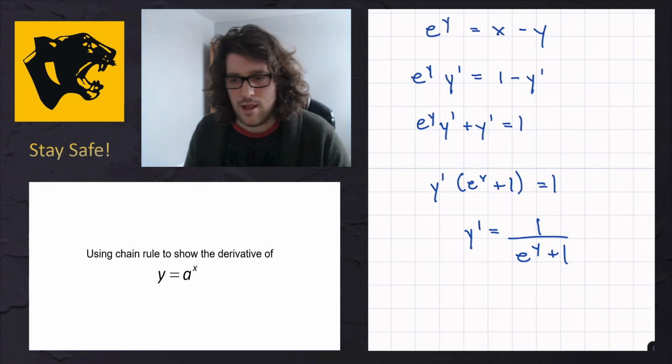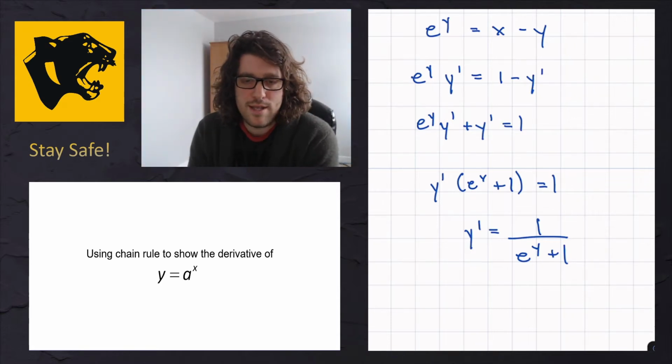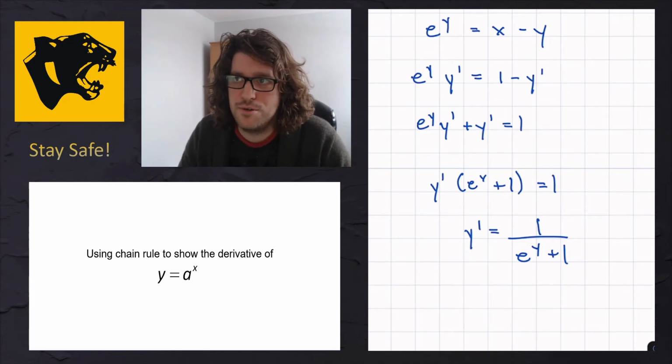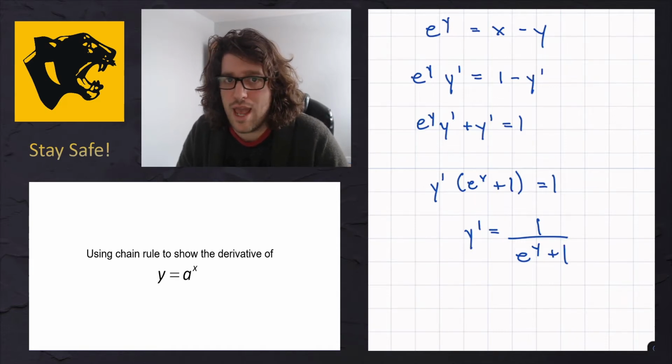All right, so I switched up the letter for some reason. In this case, I have y is equal to a to the x instead of b to the x. But we're going to go back to the original problem that we were posing, because I got sidetracked and basically did the derivative of just the e to the x function instead of the original any base.